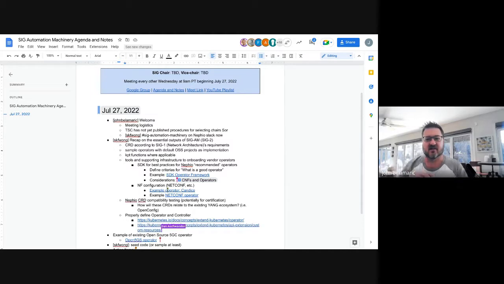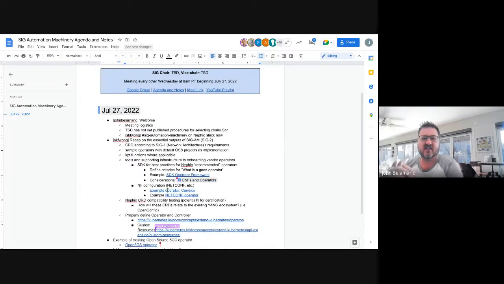So there's two sides of it. You start with the high level intent and you translate it into something that can be consumed. The operator running on the edge cluster consumes that and makes it real. So the interface point between them has a commonality section and a vendor specific section.